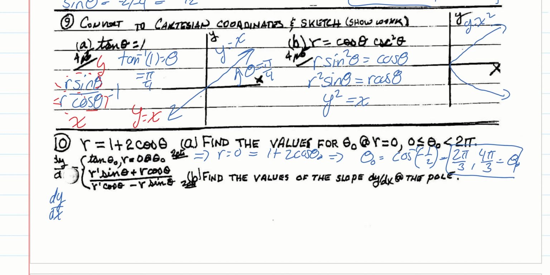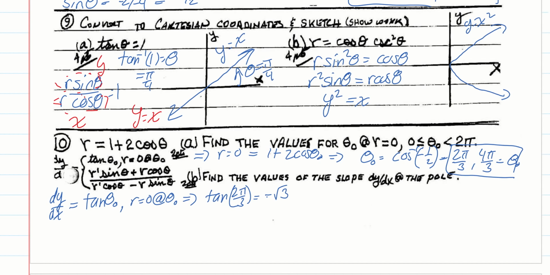All right, so we can do this. So dy dx equals tangent theta naught when our r equals 0 at theta naught, which it does. All right, so we're good. So tangent theta naught, which is 2 pi over 3, equals, and we can either figure it out from there or do it in terms of sines and cosines, either way we'll get negative root 3.